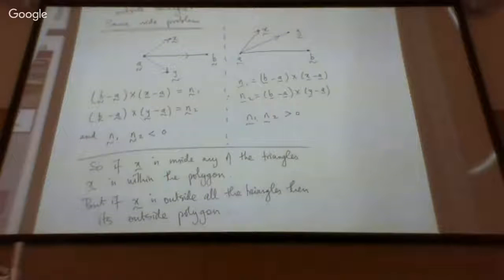So at least in the case of convex polygons, the computer can decide whether or not a given point in the plane is inside or outside a given polygon in the plane.